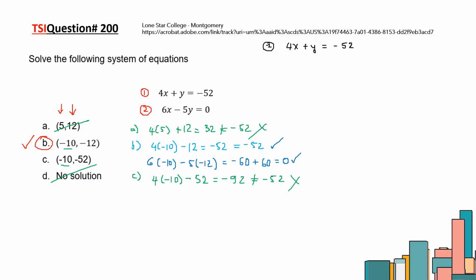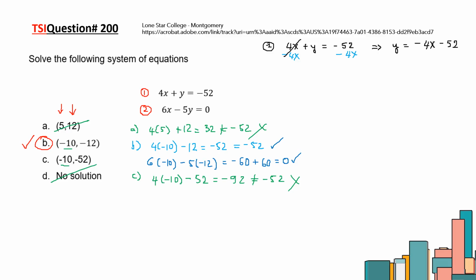So to do that, I will subtract 4x from both sides. Then this one is gone, and the left hand side is y, equals negative 4x minus 52.